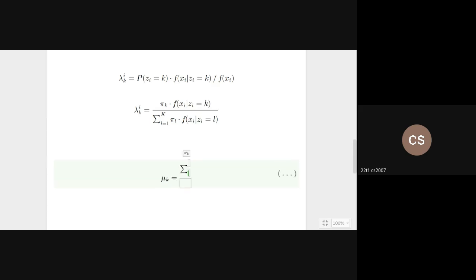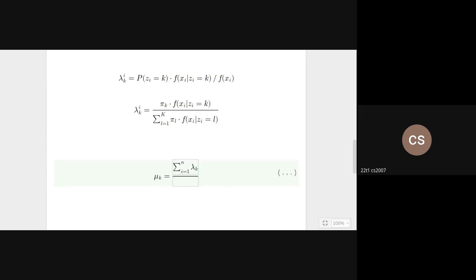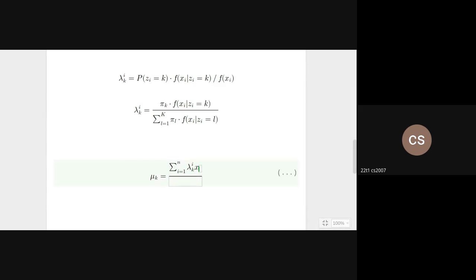So I go from i equal to 1 to n, lambda ki, say. If you want to compute the mean of the kth cluster, then the mean is the weighted sum of all the data points. What is the weight?